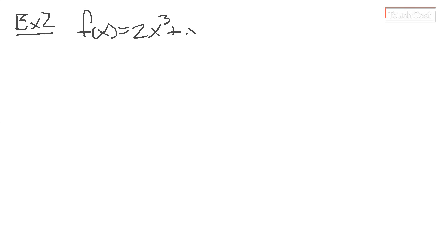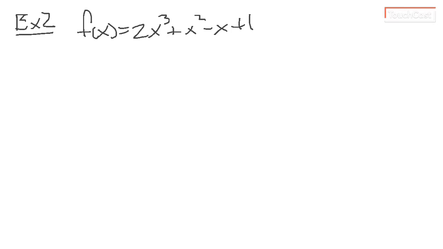So example 2, we are going to use Newton's method to approximate the zeros of f of x equals 2x cubed plus x squared minus x plus 1, and we are going to continue this.